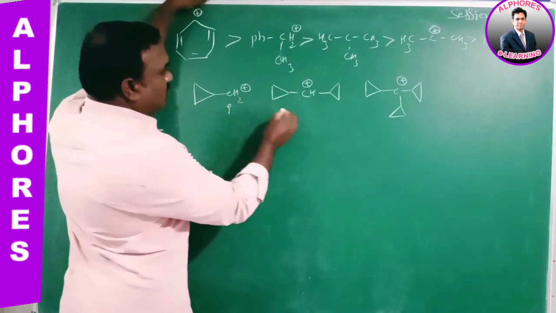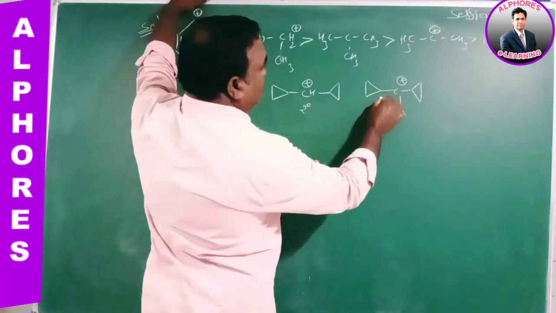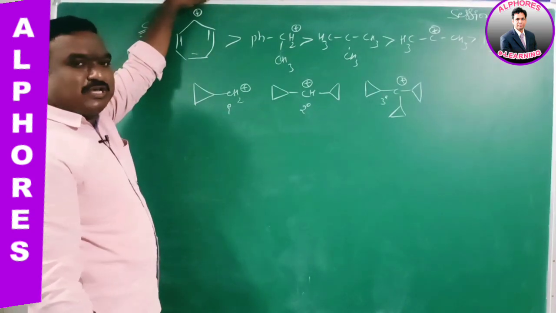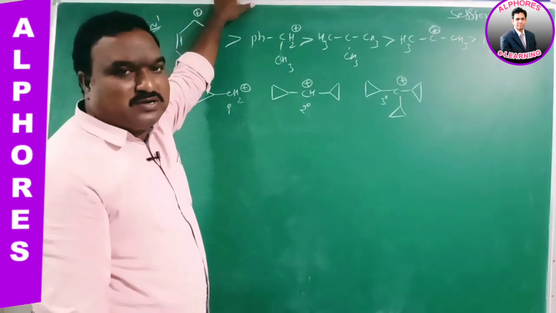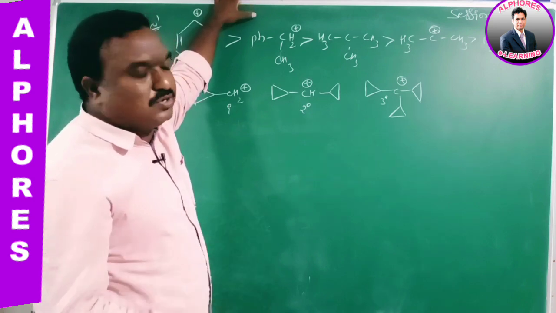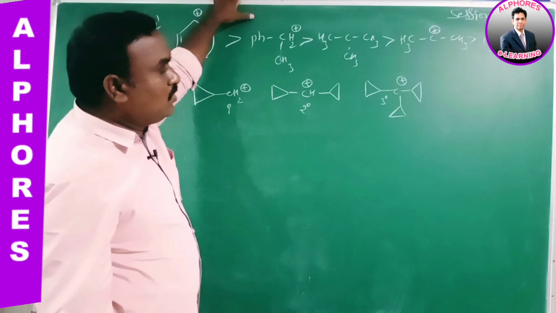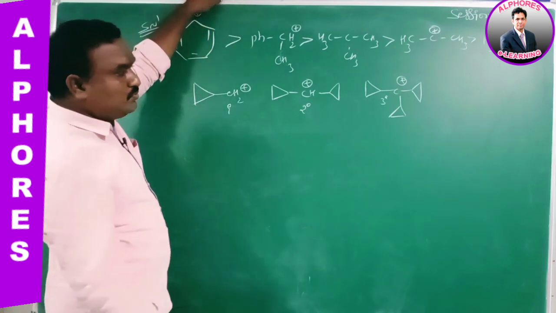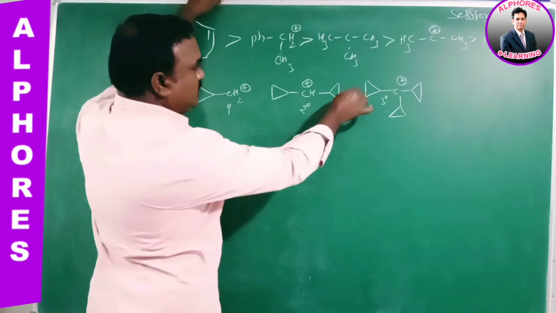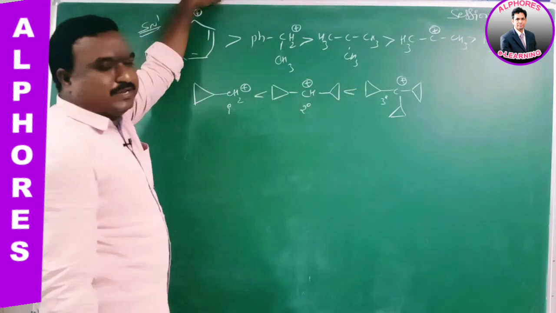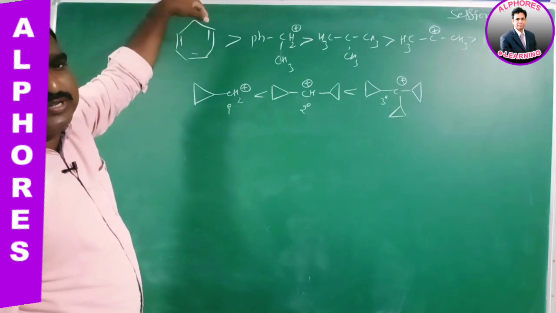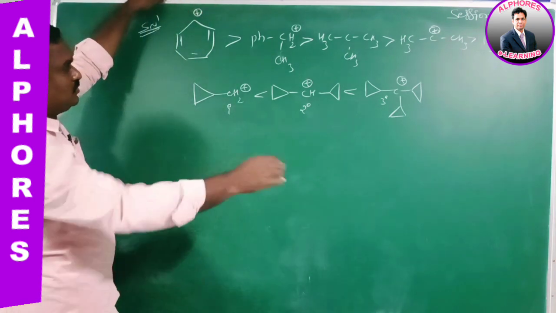Primary carbocation, secondary carbocation and tertiary carbocation. All these compounds undergo unimolecular reactions because their carbocation stability is more when compared to normal carbocations. Which one is more reactive towards unimolecular nucleophilic substitution reactions? Tertiary is more reactive. Tertiary is the more reactive compound here.